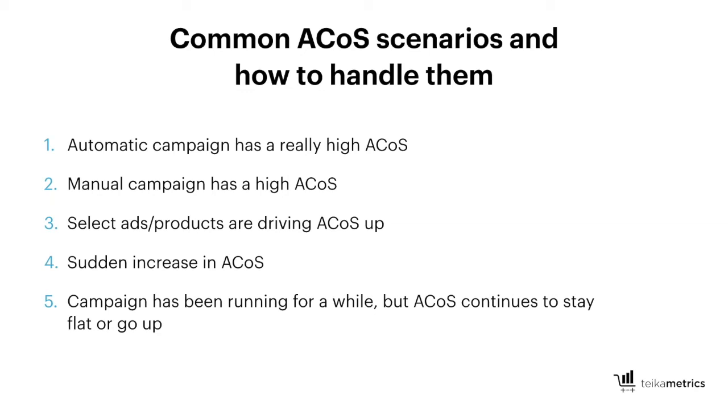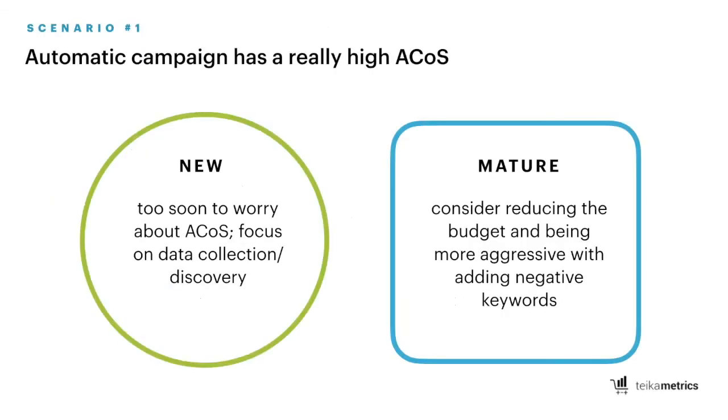So the first one we want to dive into is, we're seeing automatic campaigns have a really high ACoS. So we've actually bucketed this into 2 different groups just because we want you to think about it in 2 different ways. For any new campaigns, we actually say, hey, it's almost too soon to worry about ACoS just because you're in that keyword discovery phase, you're collecting search term data, you want to focus on that collection.